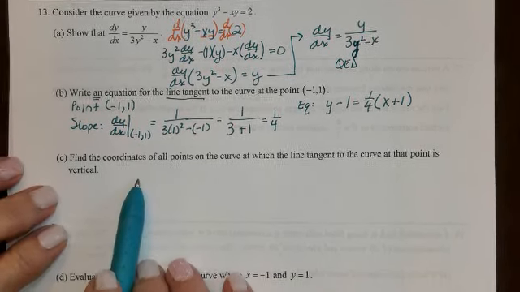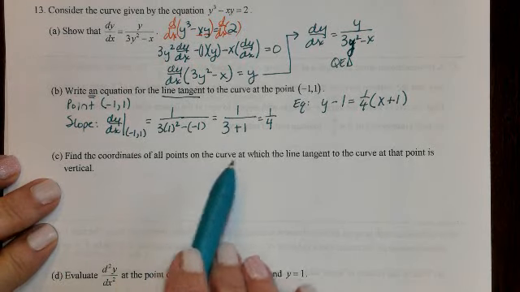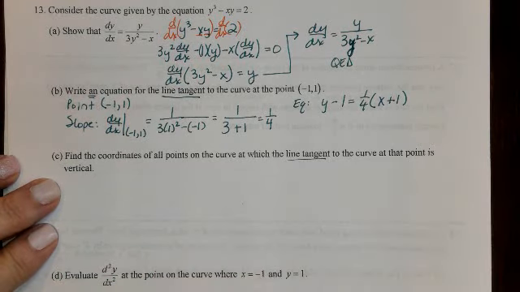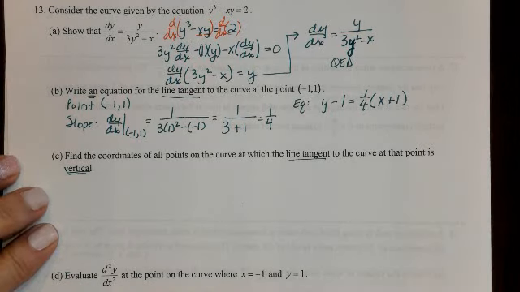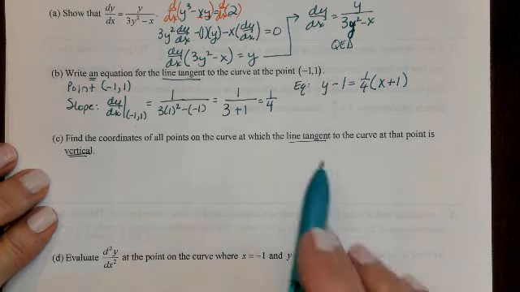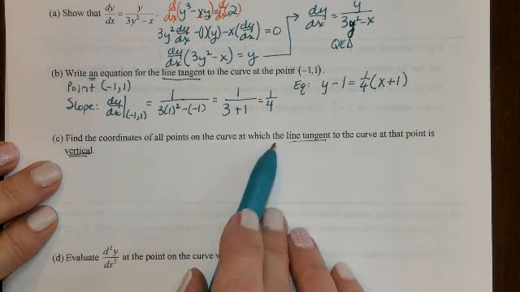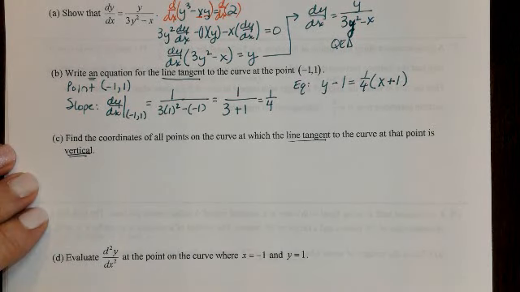Okay, next up, find the coordinates of all the points on the curve at which the line tangent to the curve at that point is vertical. I want it to be vertical. Okay, well, if the line tangent is vertical, that means the slope is undefined. What I just said in words, you need to write down. Okay?